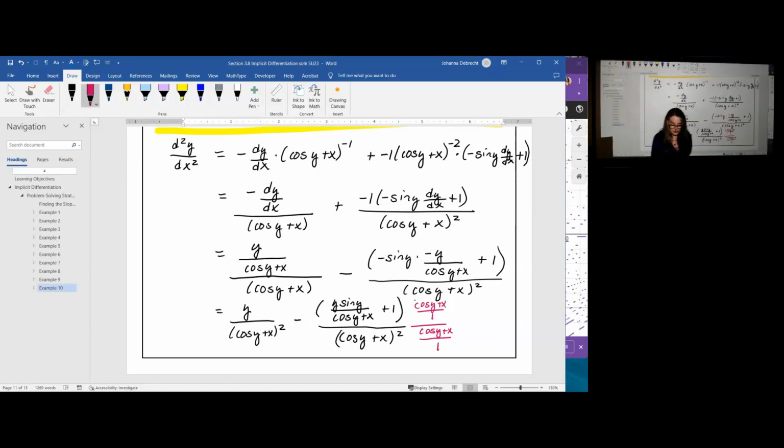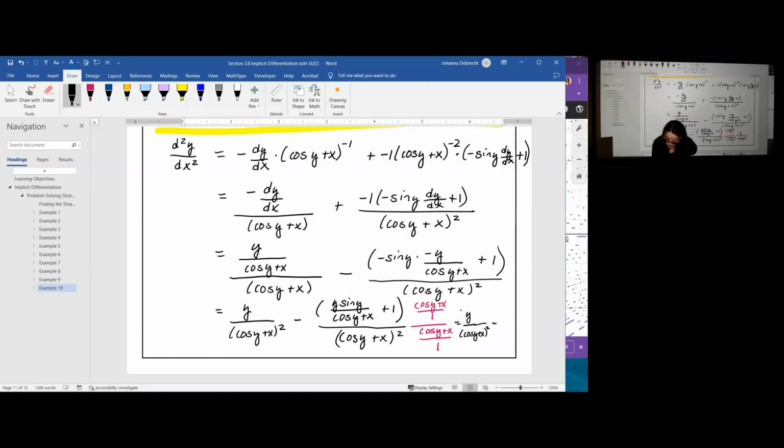Unfortunately, I think I'm out of room, but let me see what I can do here. The first term stays the same, y over (cosine y plus x) squared. And the second term, the cosine y plus x, cancels with this first factor and gives me y sine of y. And then I get this multiplied by 1.